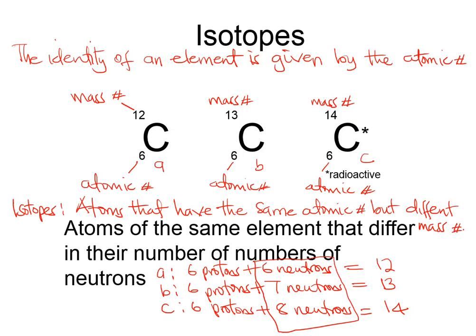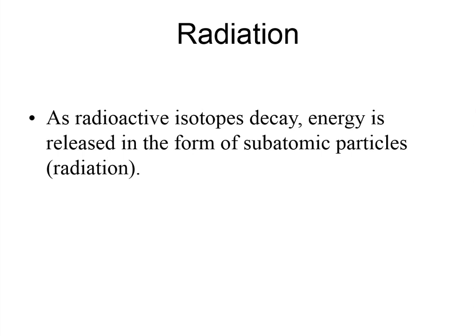Now, if we go back here, we'll see the isotopes: carbon 12, carbon 13, carbon 14. This carbon 14 is radioactive. So what do we mean when we say radioactive? Radioactive atoms are atoms that release energy in the form of subatomic particles.